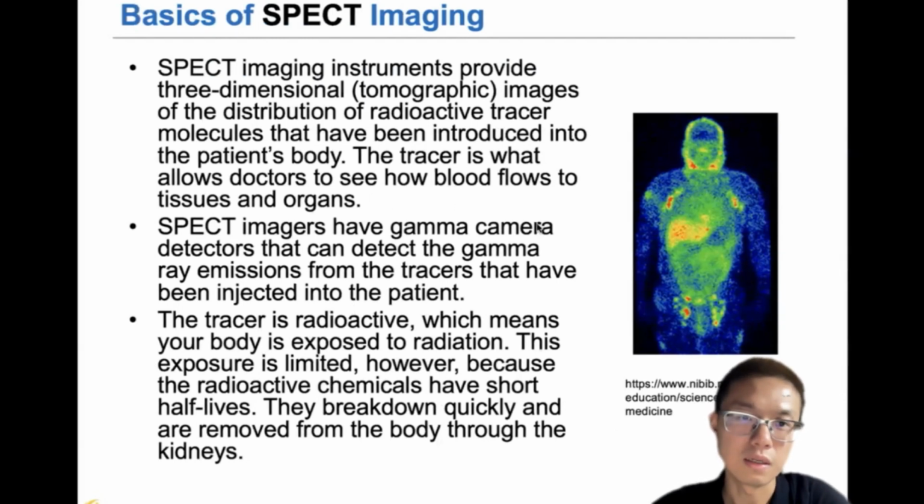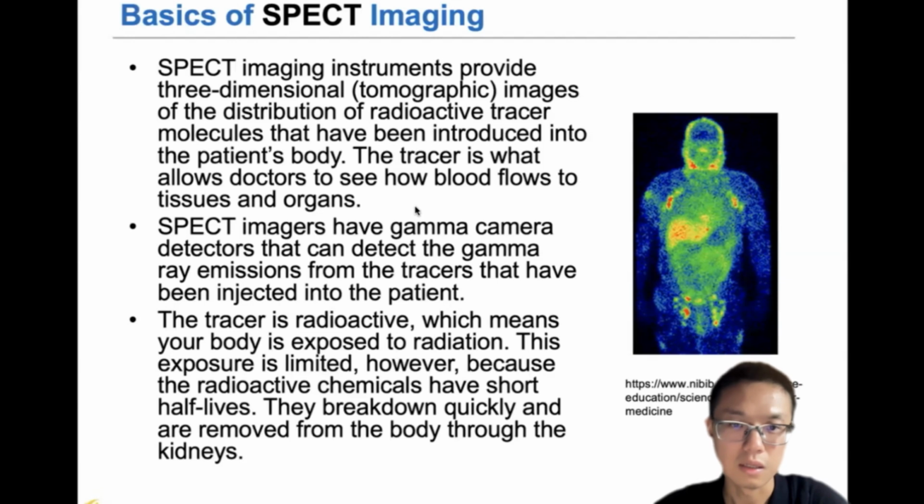So for SPECT imaging, here are the basics. These imaging instruments will provide three-dimensional images of the distribution of the radioactive tracer molecules. Basically, we are using these cameras to detect the trace of the radioactive tracer we give to the body.